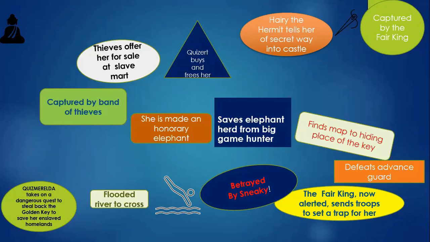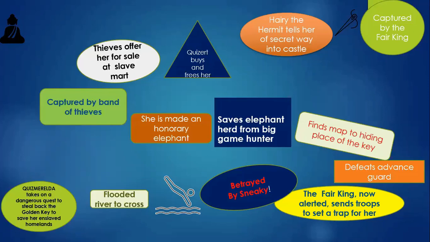Somehow or other, she turns the tables on them, makes fools of them, and she goes through their pockets, and in one man's pocket she finds a map to the castle, including a big X marking the spot where the golden key is kept. Carelessness, such carelessness. And it happens in politics too.